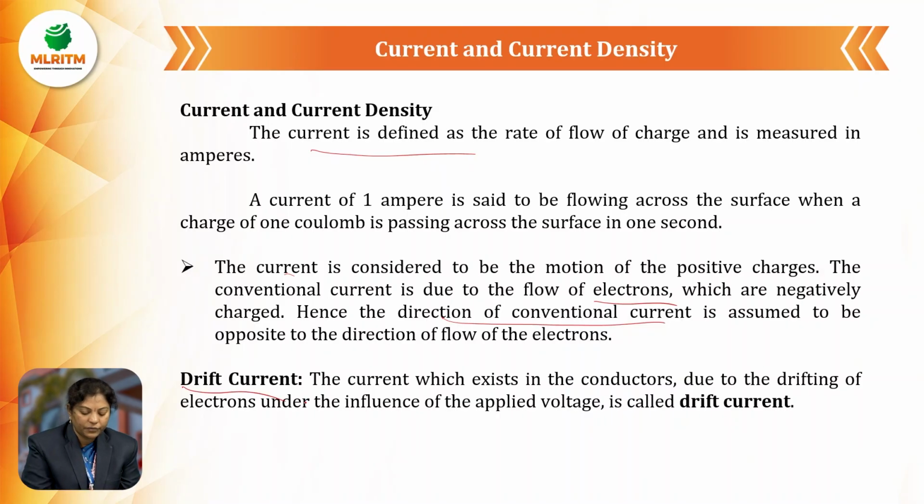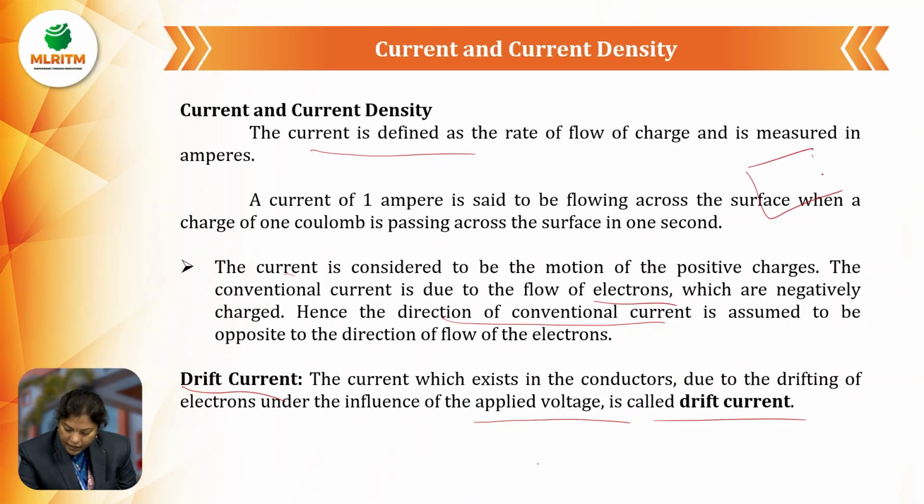Next we'll define the drift current. The current which exists in conductors due to the drifting of electrons under the influence of applied voltage is called the drift current. We have a conductor here with free charges, and we apply the external electric field.